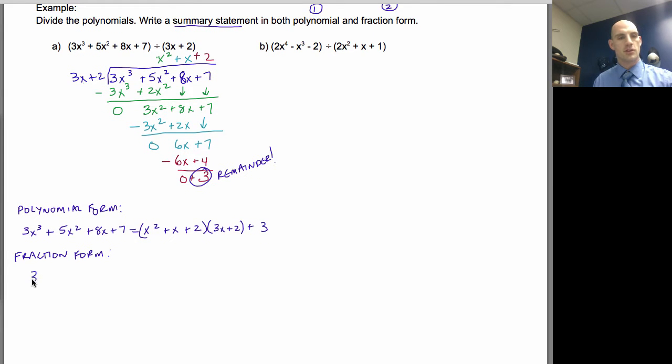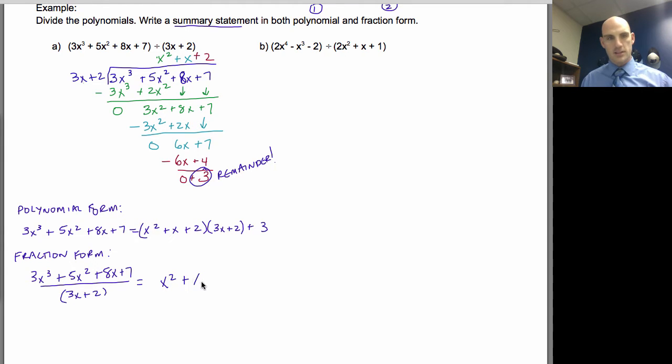So 3x cubed plus 5x squared plus 8x plus 7 over, and this is where the fraction part comes in, 3x plus 2, is equal to x squared plus x plus 2 plus our remainder over 3x plus 2.